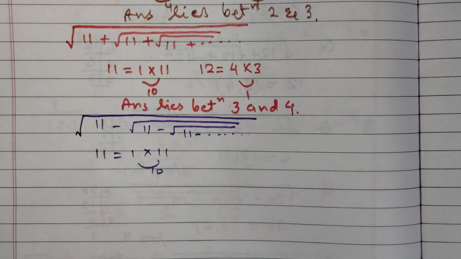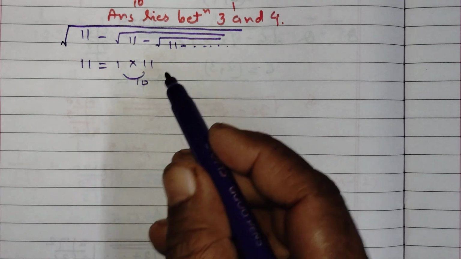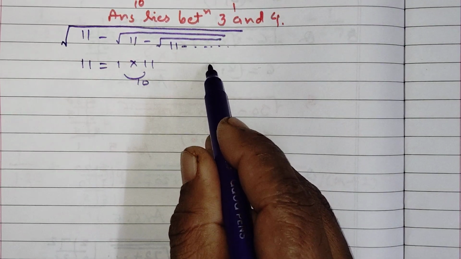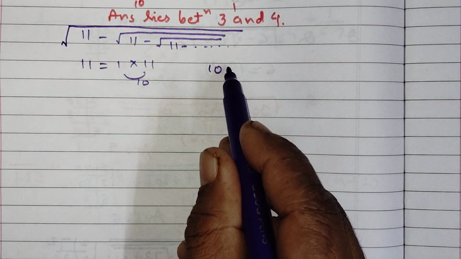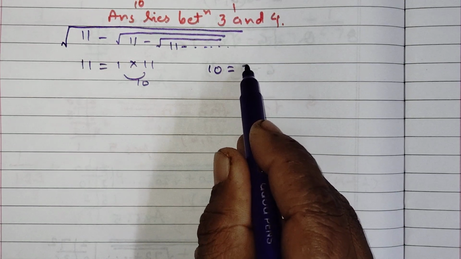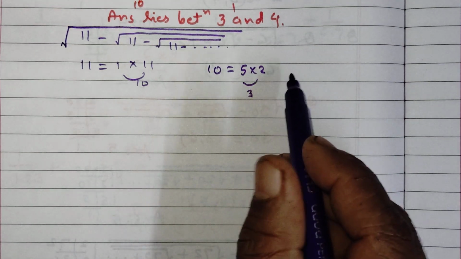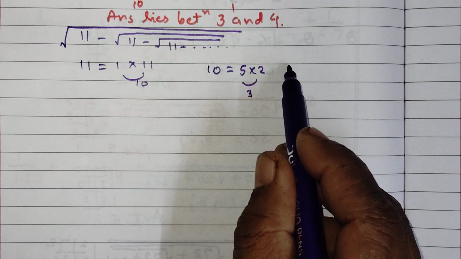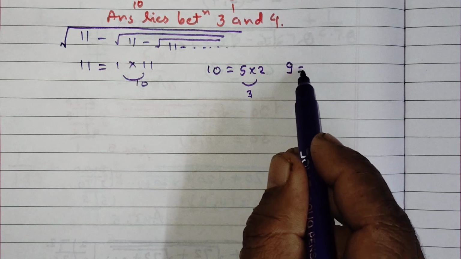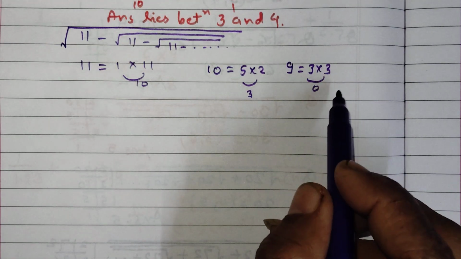There is a minus, so we take the preceding number. 11's preceding number is 10. 10's factors are 5 and 2, difference 3, so it is also rejected. The next preceding number is 9, with factors 3 and 3, difference 0, so it is rejected.